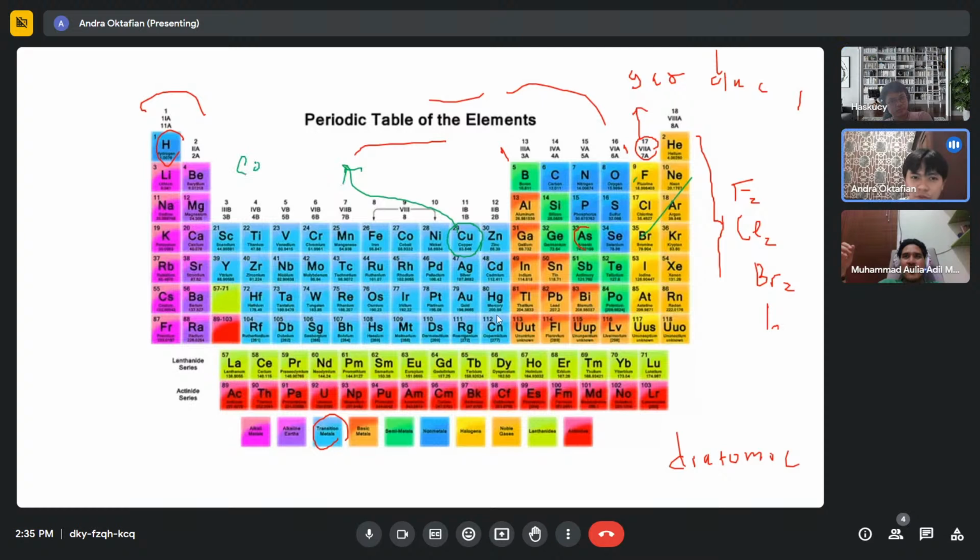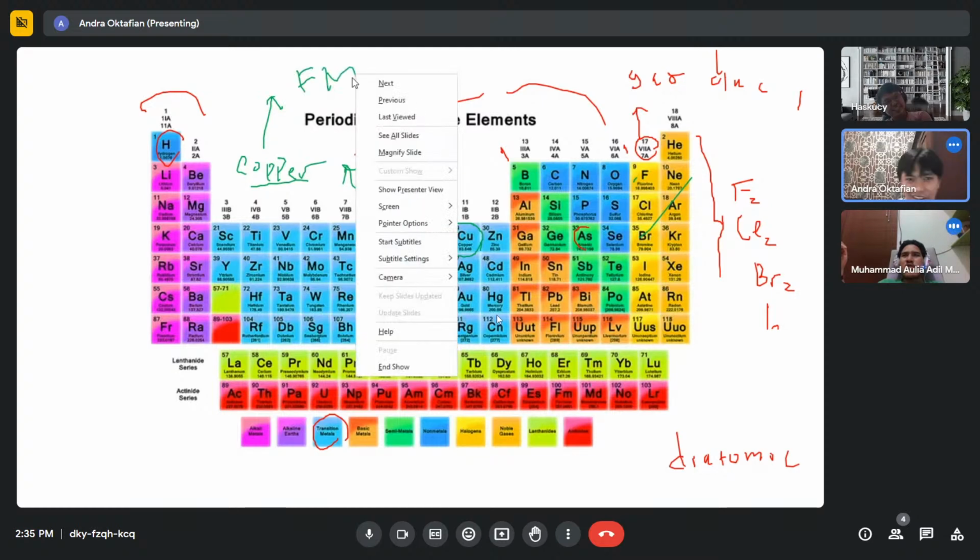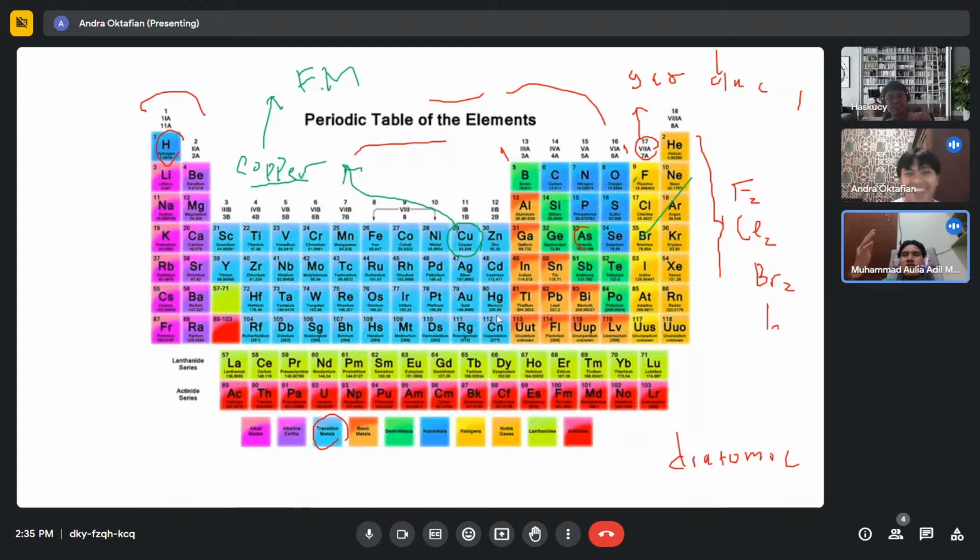Cuprum is the Latin term, but copper is in English terms. It's tembaga in Indonesian. Yes, it is copper. What is mined in Freeport, Papua? Oh, this cuprum is mined in Freeport, Papua, as the second product beside the gold.